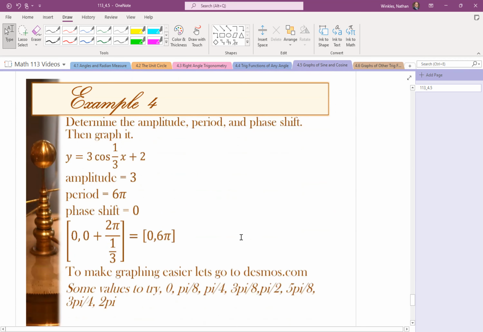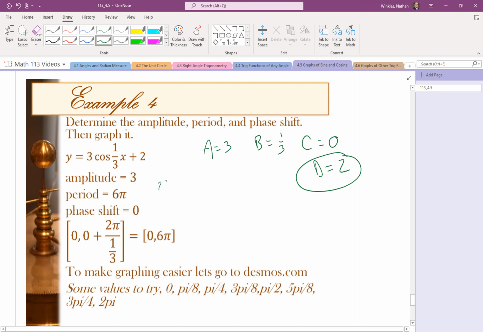Same thing here. We can define what our A is. Our B is 1/3. Our C is 0. And now in this case, we also need to identify that D is 2. So our amplitude in this case is 3.